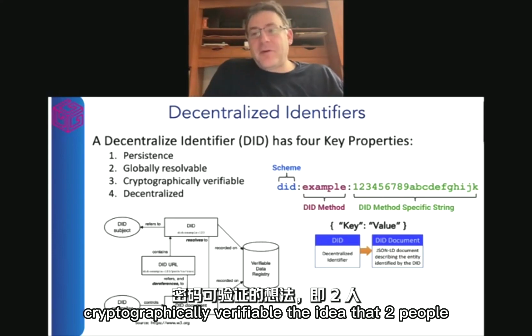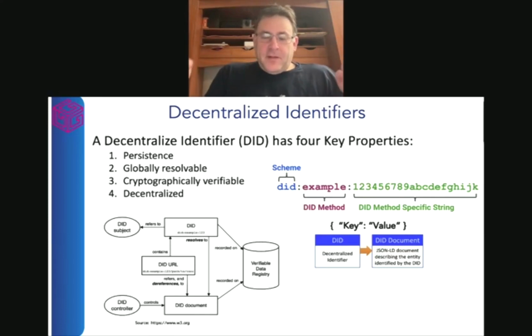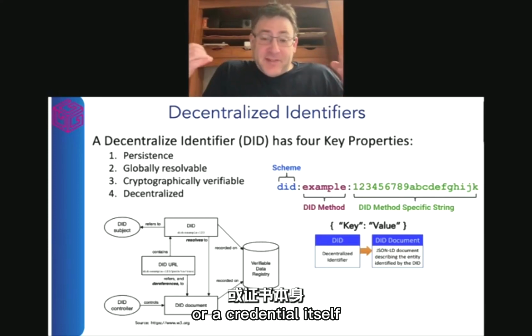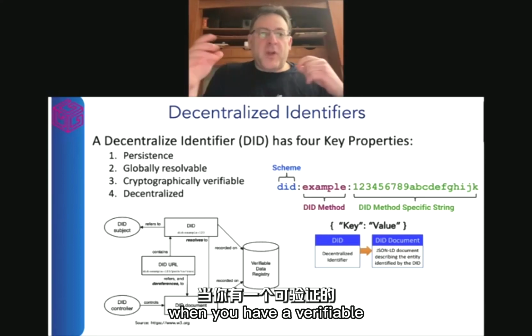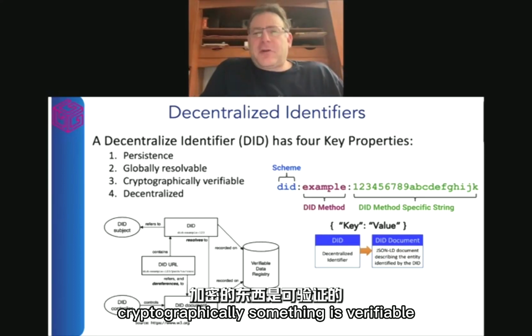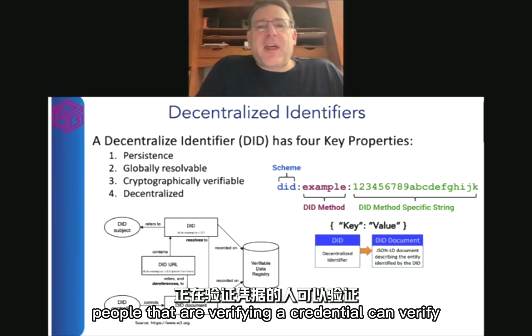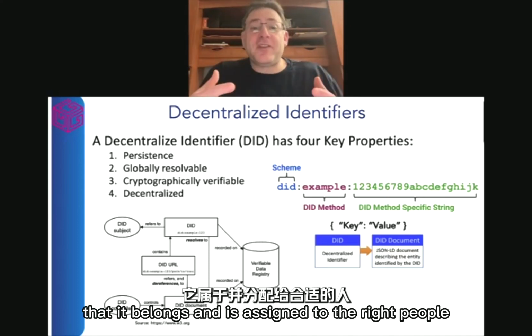Cryptographically verifiable, the idea that 2 people or a credential itself can be verified to belong to somebody. Now, typically, when something is cryptographically verifiable, that means that people that are verifying a credential can verify that it belongs and is assigned to the right people.